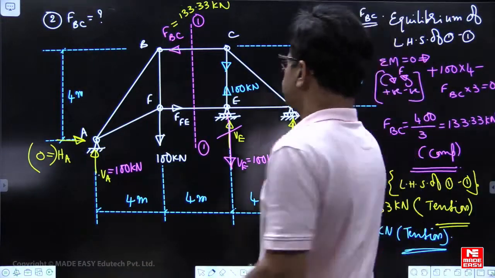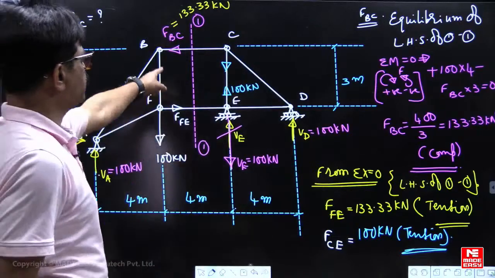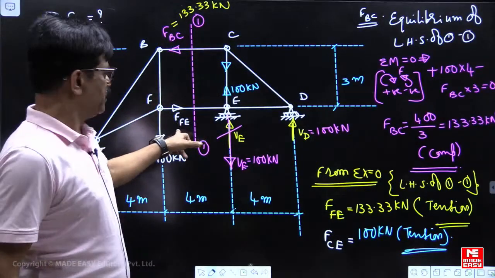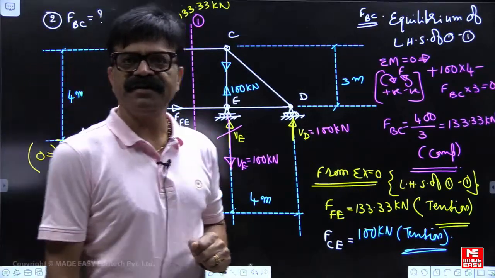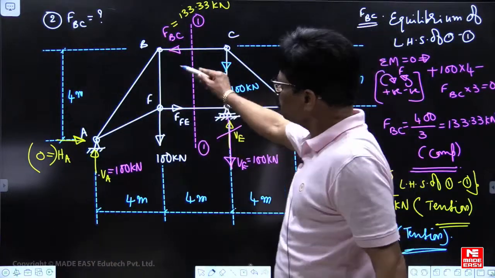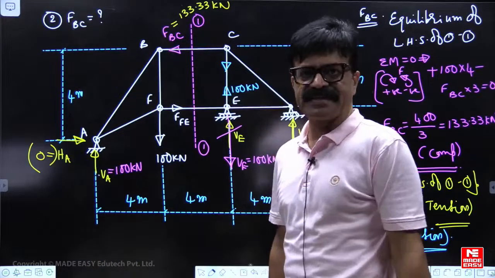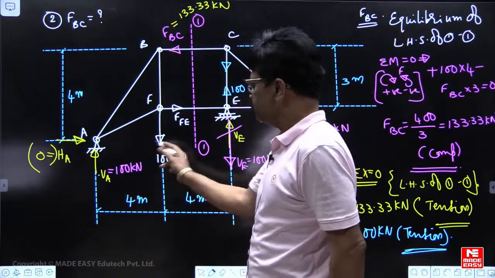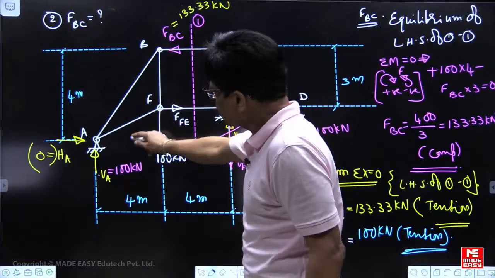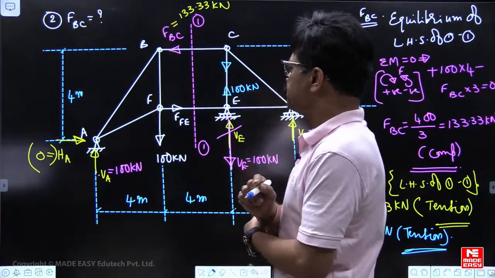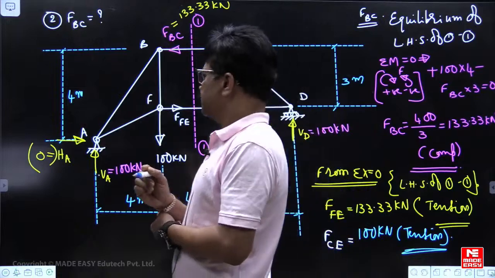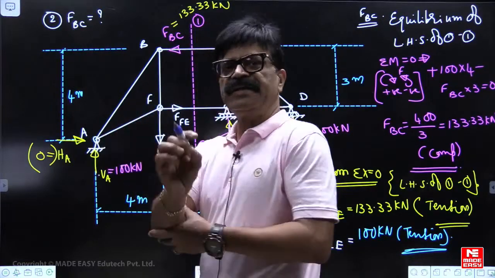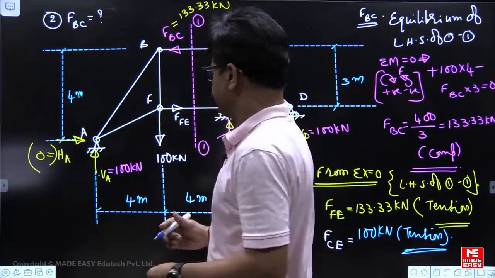Let us now, if we take this one, we have calculated force in the member BC, force in the member FE, right? Now if you want to find force in the member BF, let us say, that also can be a question after finding this one, then you must cut it. Force in the member BF means you have to cut it such that the unwanted members should meet at one point.